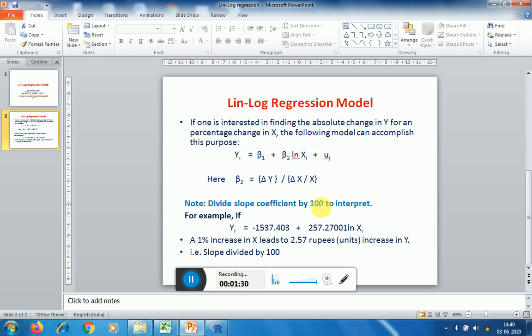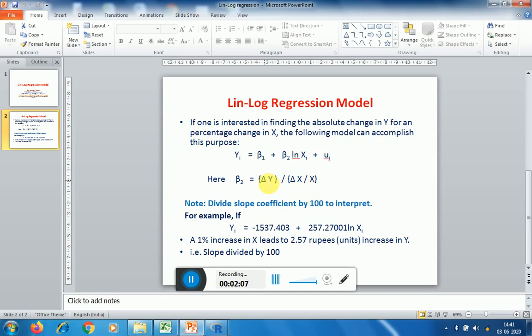In this model, beta 2 is the slope coefficient, given by the absolute change in y with respect to relative change in x, and that is why whenever we draw inferences about the slope coefficient associated with our variable, we must always divide this slope coefficient by 100 to interpret the absolute change in y with respect to change in x.